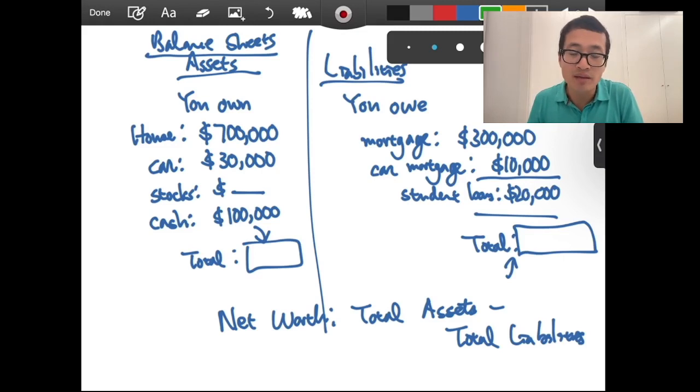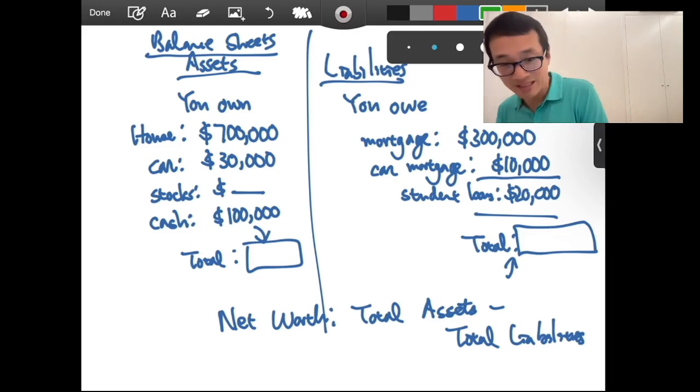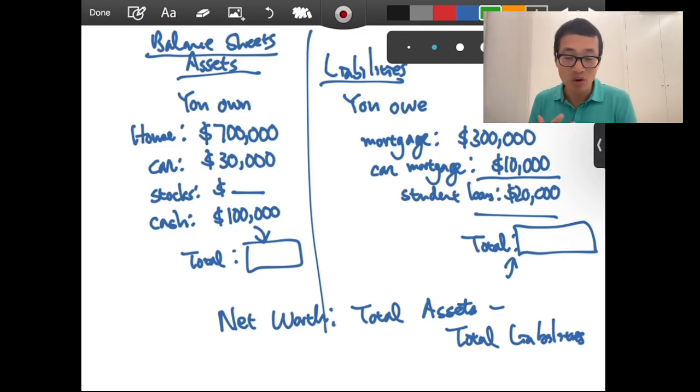You don't see, right? That's why just by looking at people on the outside, you cannot actually tell if they're wealthy or not, right? Because our assets are appearances. Some of these assets you can't even see, like stocks, but most of the assets you can see, like real estate, cars, cash.